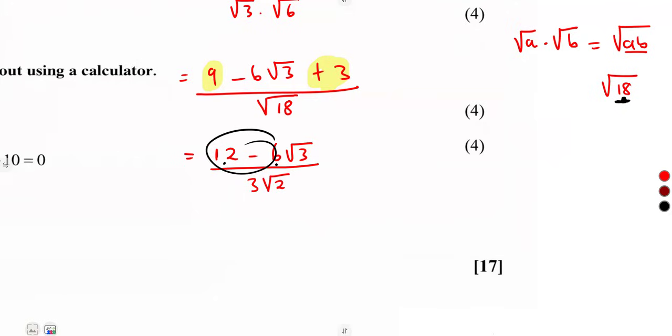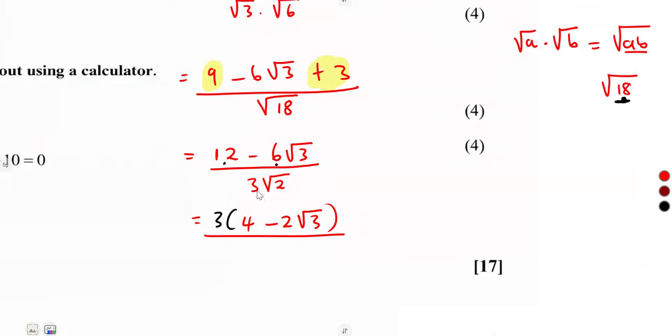So factorize, 3 is common, like I said. So this is going to give us 3 into 12 divided by 3, that is going to give us a 4. 6 divided by 3, that's a 2. So that's 2 square root of 3, everything over 3 square root of 2.